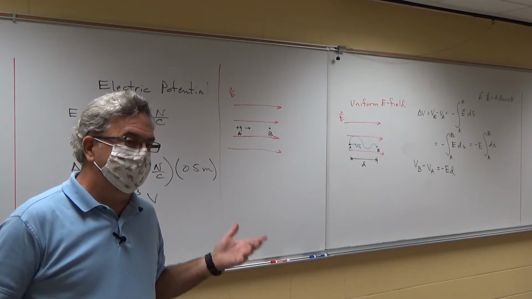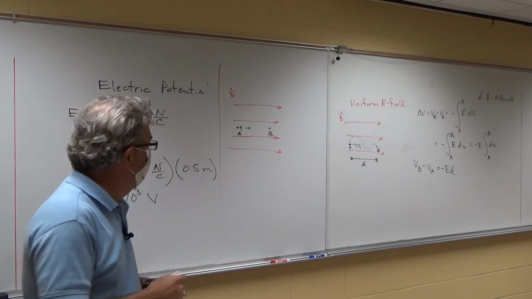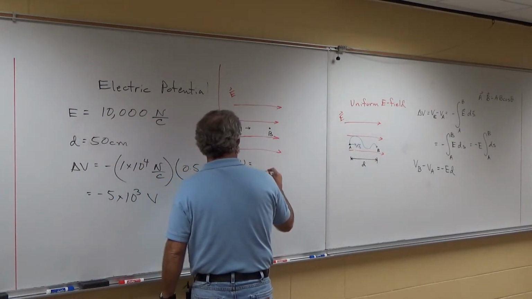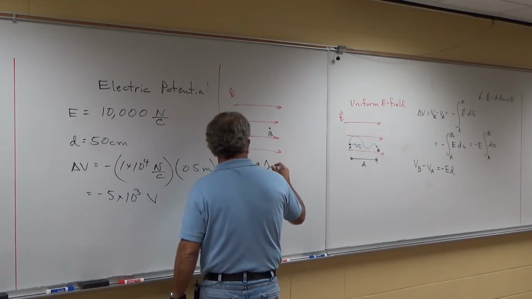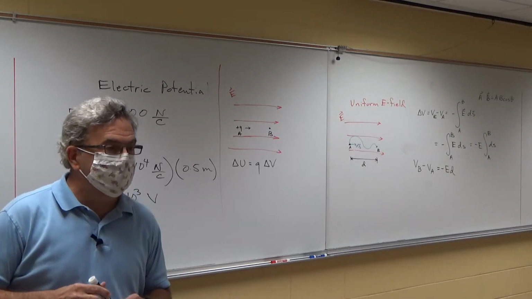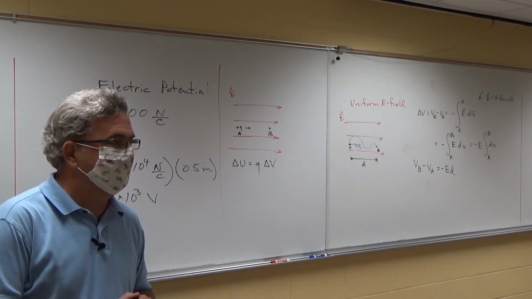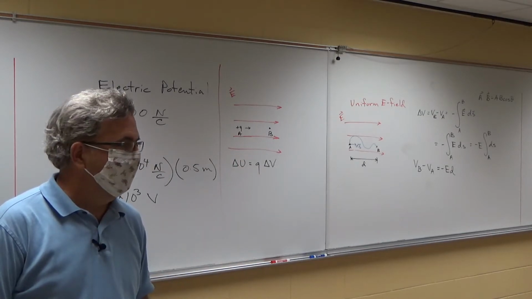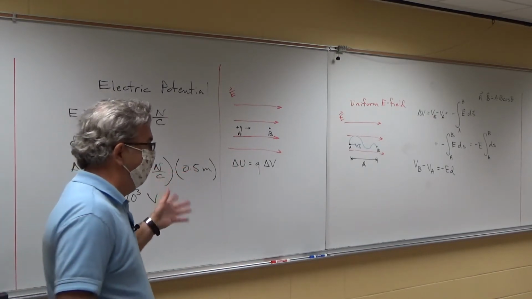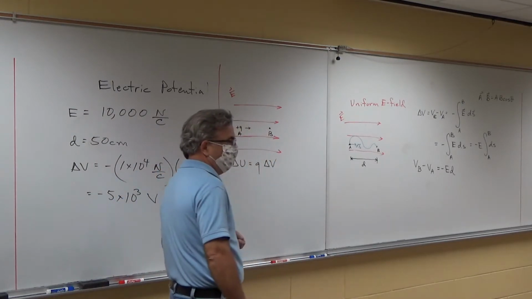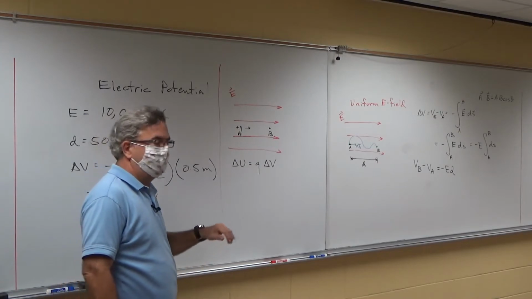The change in potential energy of this charge Q, delta U, is equal to Q delta V. That's the idea. The change in the electric potential energy is equal to the charge times the change in potential. Once you've figured out what the change in potential is in this field, you multiply it by the charge, and you get the change in potential energy.